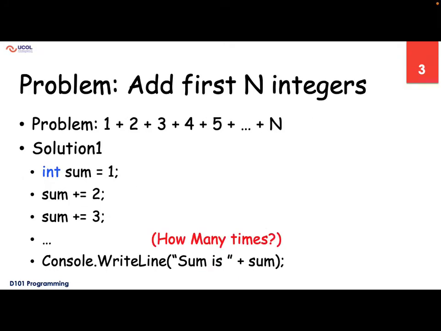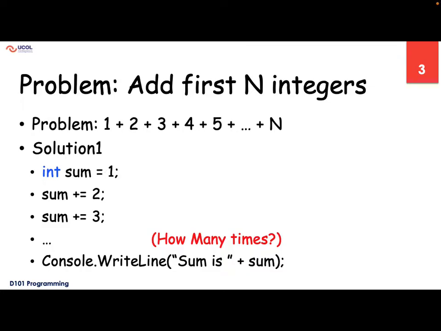So, the problem that we discussed last time, that we have n integers. The other problem that I discussed was supposed to be at the end of this lecture, not the last one. Anyway, we have a problem where we have n integers and we ask the user to give a number, and then we want to add all the integers starting from 1 up to that number.